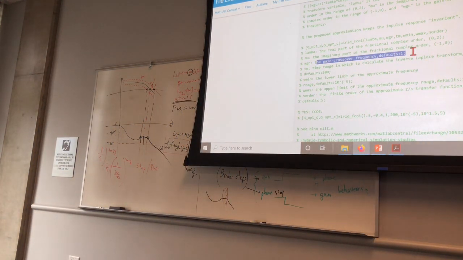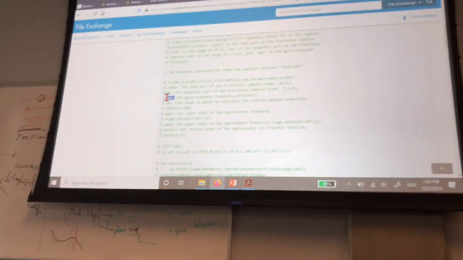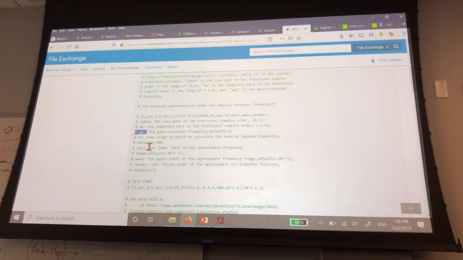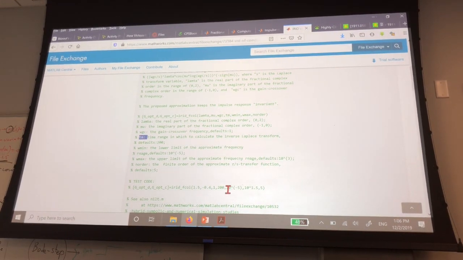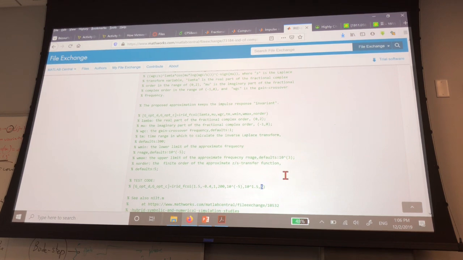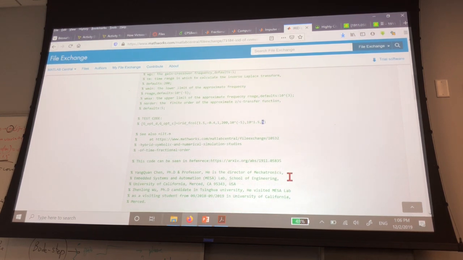So that's why we can say this omega 0 is 1, the gain crossover is 1. Then we talk about time range, then frequency range, then what's the order? So this is the order. You can go here and take a look.